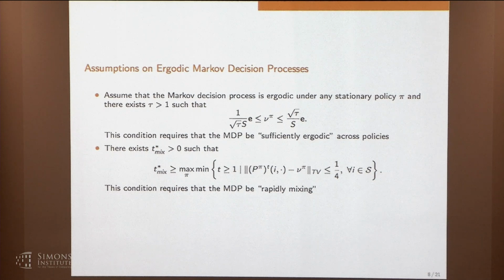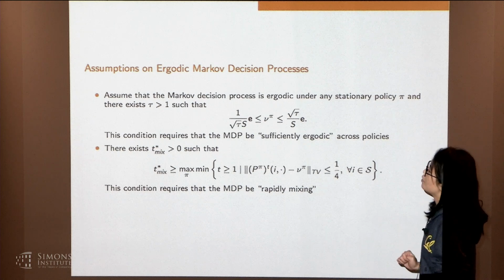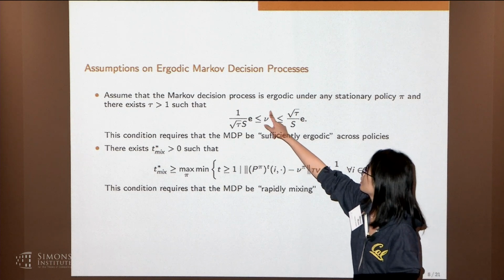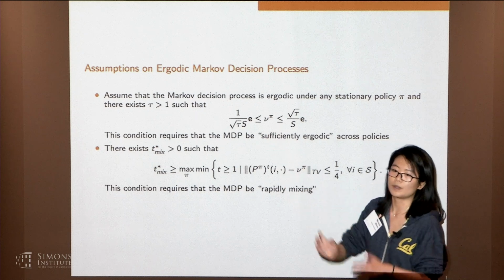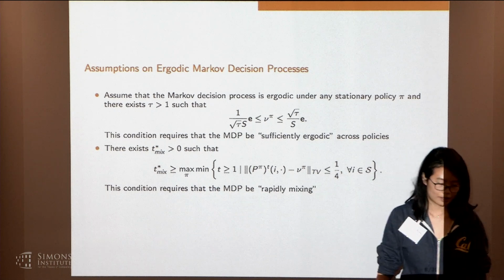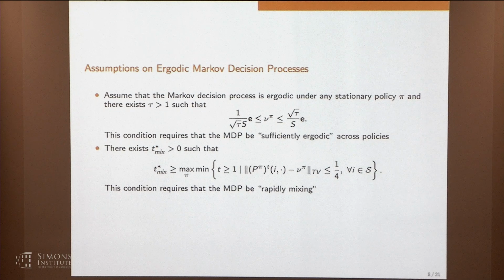The first assumption is that I'm going to look at problems in which all the policies generate somewhat similar stationary distributions. Basically, I want the stationary distributions under different policies pi to vary within a certain range, so they cannot be too far away from each other. This basically requires that my policies be relatively similar and sufficiently ergodic.